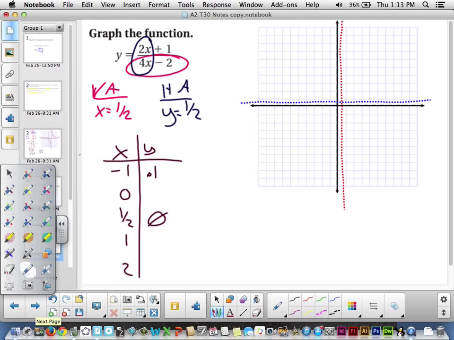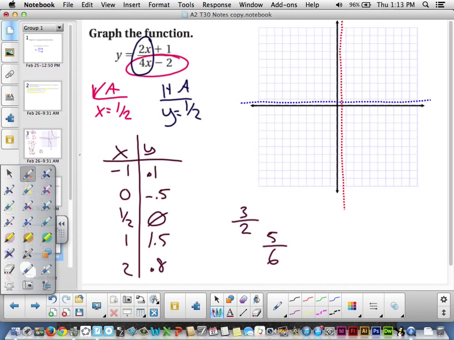If you try 0, basically the x's cancel. We got -0.5. If we try 1, 2 plus 1 is 3 over 4 times 1 minus 2 is 2. That's 1.5. And if we try 2, we got 4 plus 1 is 5 over 2 times 4 is 8 minus 2 is 6. 5 over 6 is about 0.8.